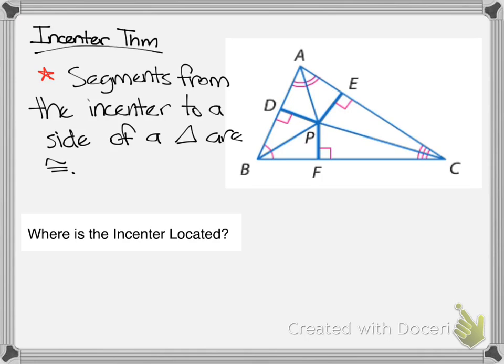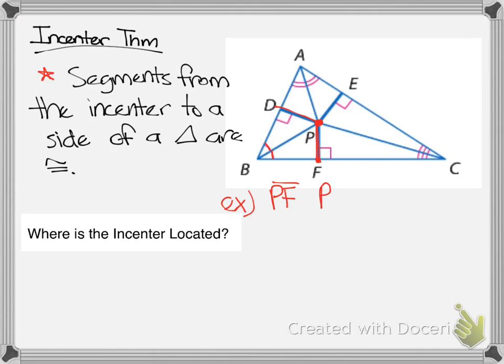So if we were looking at the following triangle, P is the incenter of that triangle, we can see that it is formed by angle bisectors because we have all these marks. So if I wanted to list out the congruent segments in this triangle, they would all have to go from this incenter to the side, not the vertex, of the triangle. So here, PF goes from incenter to a side of the triangle.